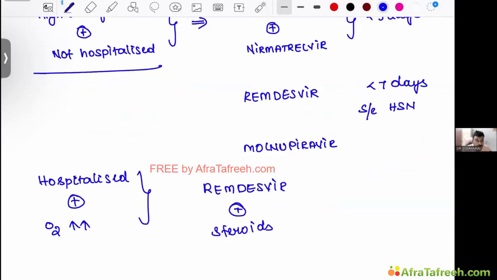You're going to try remdesivir with steroids. So what is this remdesivir? Remdesivir is an adenosine nucleotide analog.